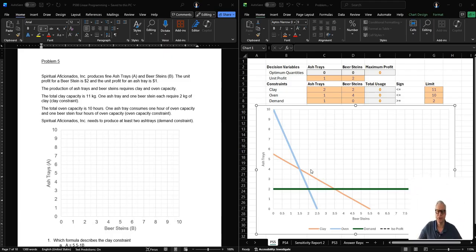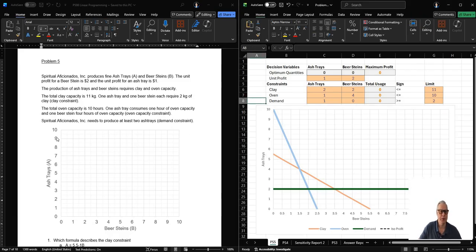Okay, so this is our function, and let's also draw it now into the problem set here to the left. And again, the total clay capacity is 11, and each one needs 2 kilograms of clay. So we get the 5.5 to the 5.5.